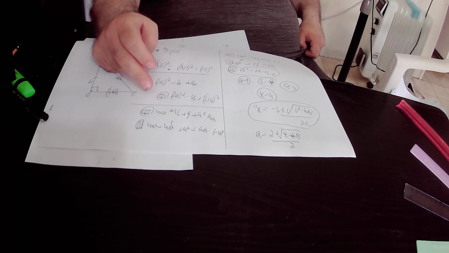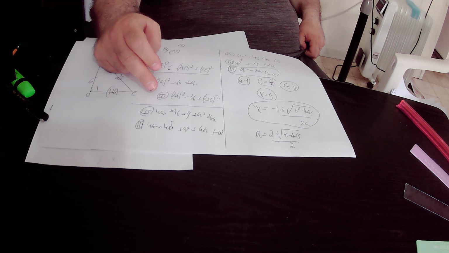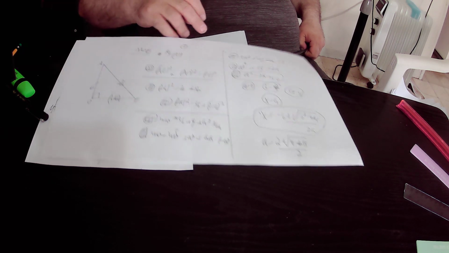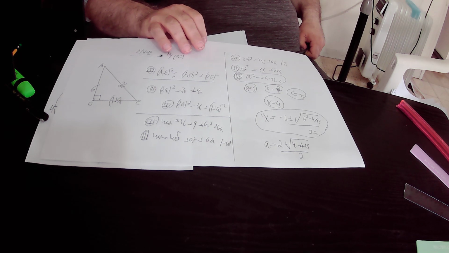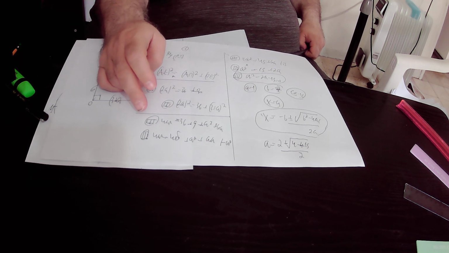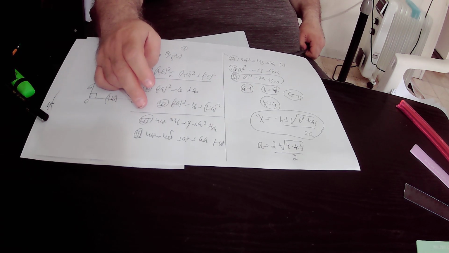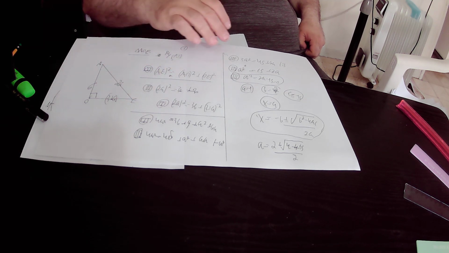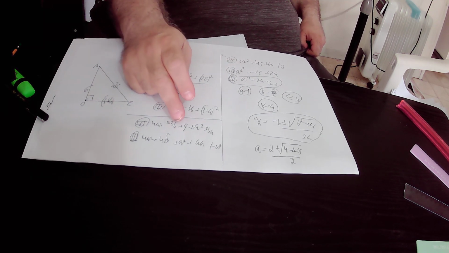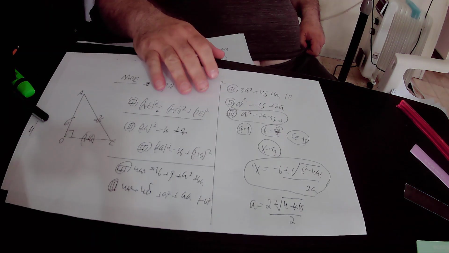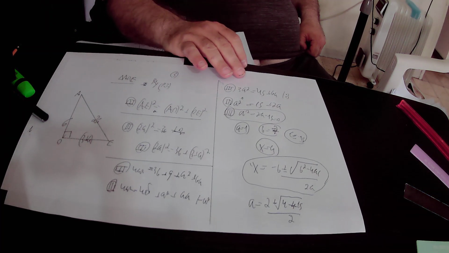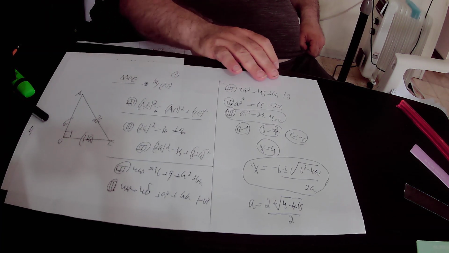So in conclusion, according to equation number 3, 4a squared equals 45 plus a squared plus 6a. Here we subtracted a squared from this equation and found that 4a squared minus a squared is 3a squared, and a squared minus a squared is 0. So 3a squared equals 45 plus 6a.